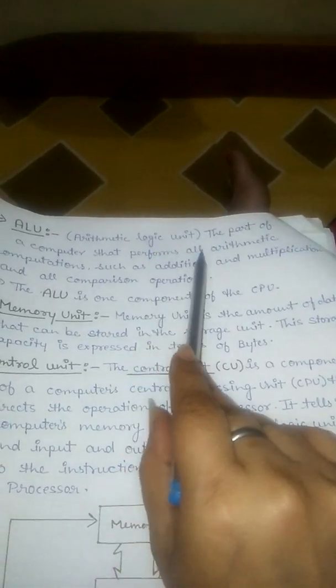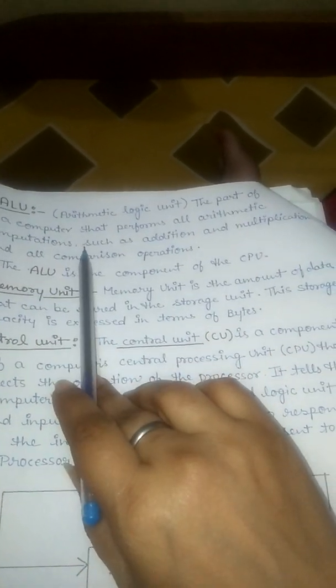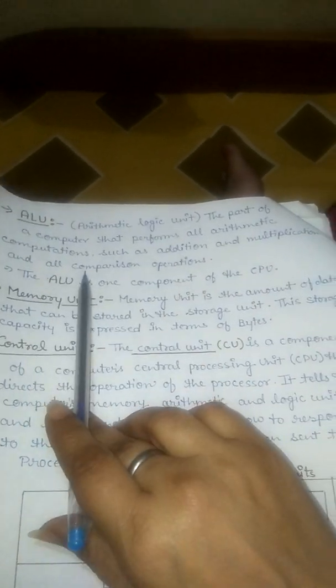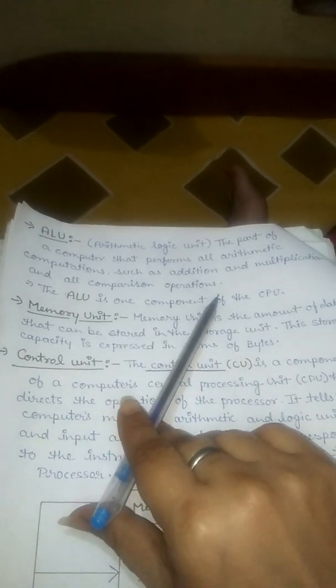Next point is ALU. A for arithmetic, L for logic, U for unit. The arithmetic logic unit is a part of a computer that performs all arithmetic computations such as addition, multiplication, division, subtraction, and all comparison operations.